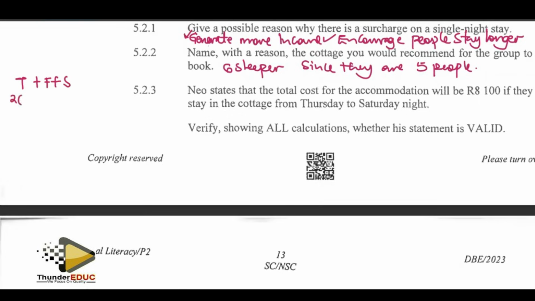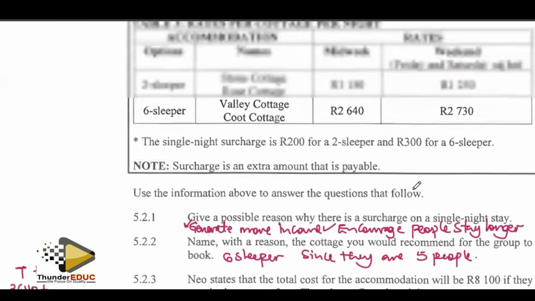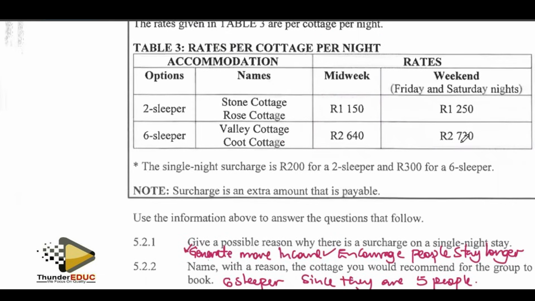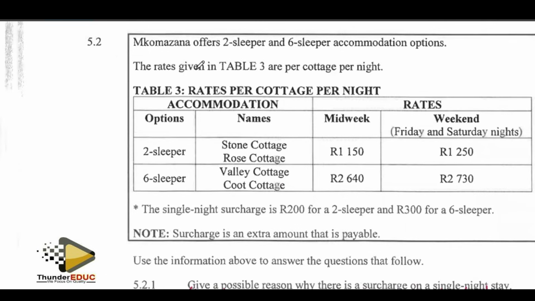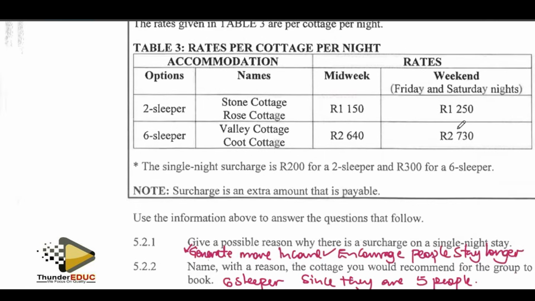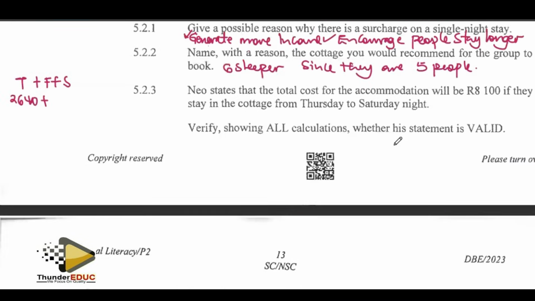Thursday they pay 2,640. Because here they say the rates given in the table are per cottage per night. So per night they pay this much. So how many nights will they be?